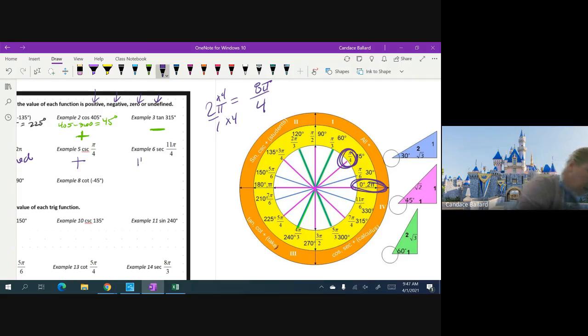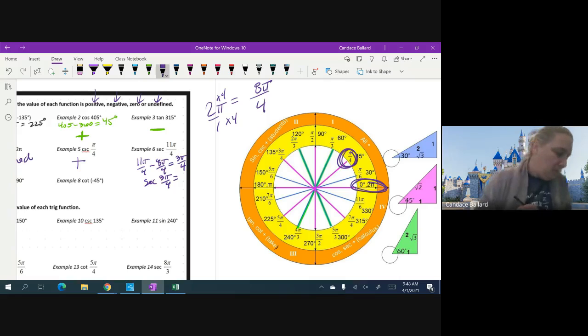So 11 pi over 4 minus 8 pi over 4 equals 3 pi over 4. So really I am looking at the secant of 3 pi over 4. So, okay, that would be right here.